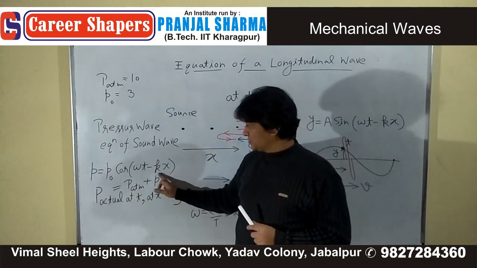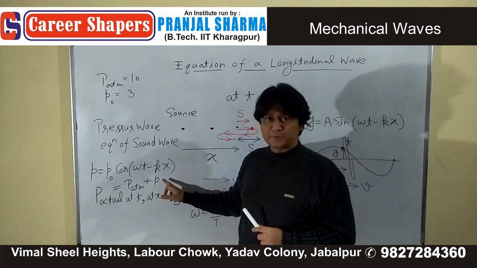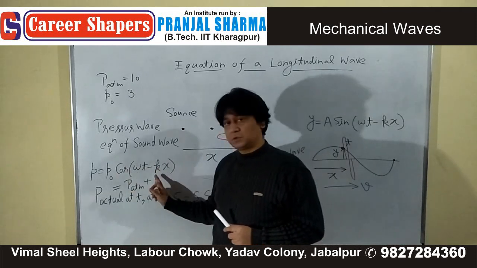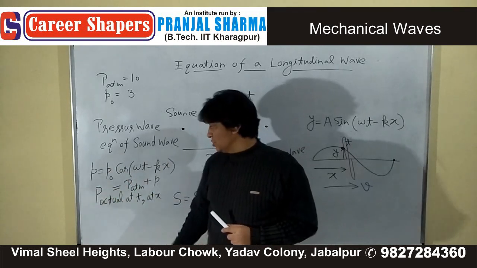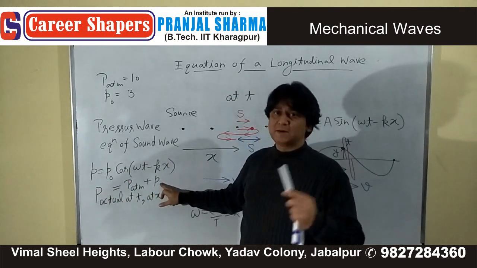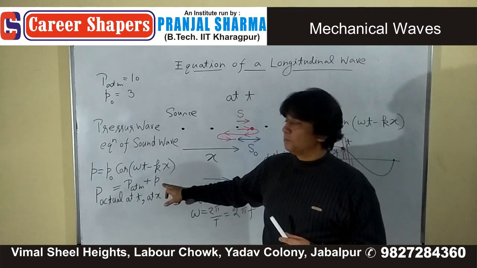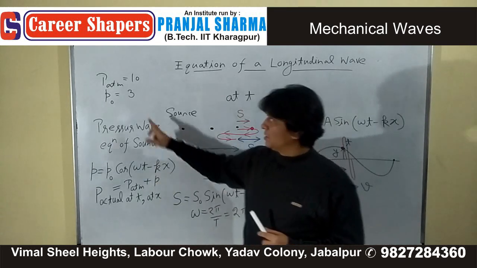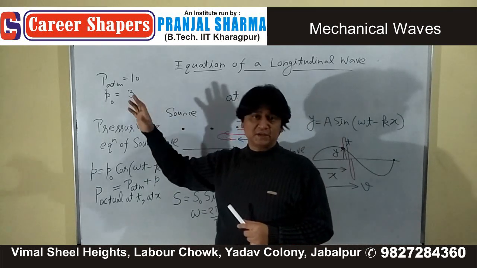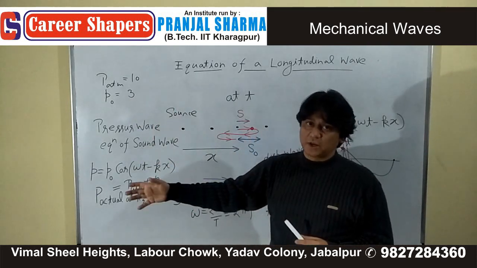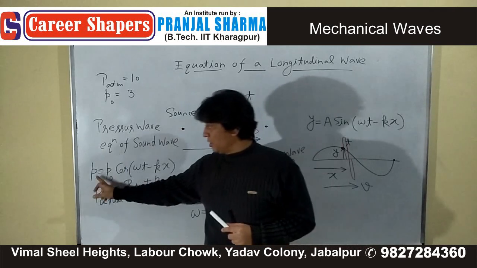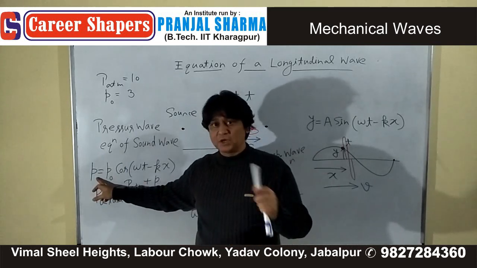Now, remember, this p is not always positive. Look at this cos. Cos becomes positive, negative, positive, negative. So when this small p, at some time, let's say it becomes minus 2. Maximum is 3. That means it will vary from minus 3 to plus 3. Small p is not pressure, is what?